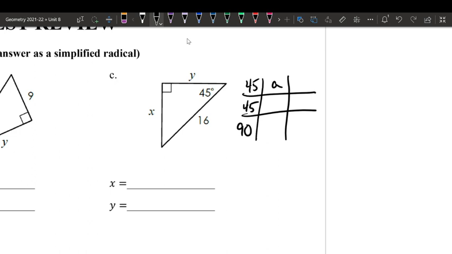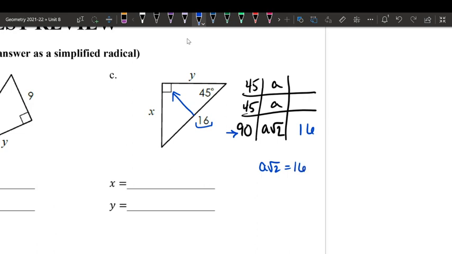And that is A, square root 2. And then find something in your triangle to start with, 16. 16 is across from 90 degrees. So in my table, I go to 90 degrees, and across from 90 degrees, I put 16. All right, so that tells me that A square root 2 equals 16.